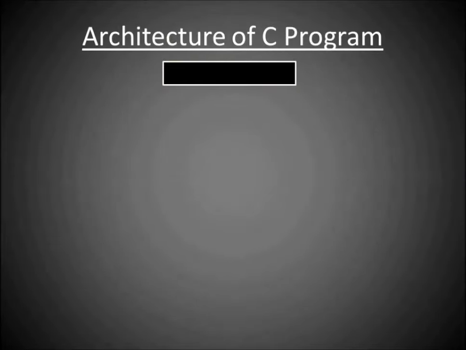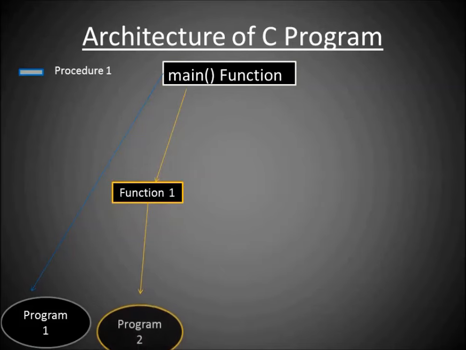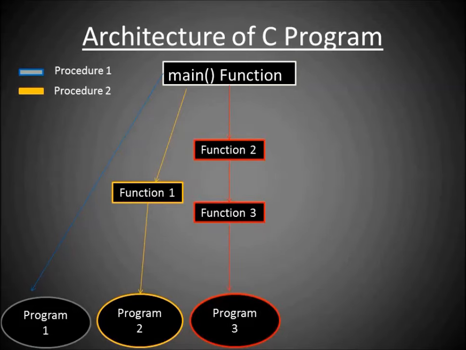This is the architecture of a C program. Main function is there. Program 1 is made of only the main function, and the blue line is procedure 1. Program 2 is made of the main function and function 1, and the total yellow part plus the main function is procedure 2.